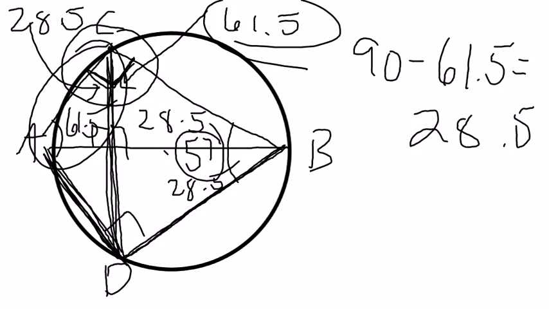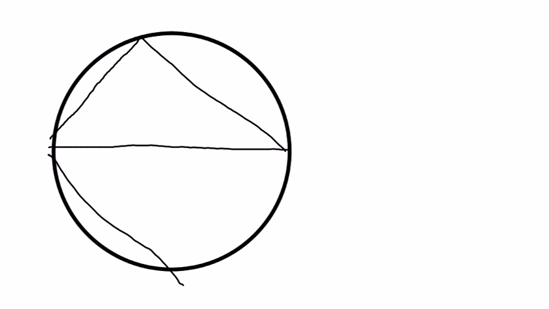Number 8, you got a diameter. You have two inscribed angles, which are right angles, and it gives you BDC. BDC is 57.